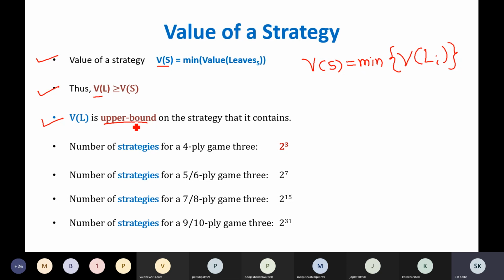So if you take any leaf, the value of that leaf node will define an upper bound on the strategy to which it belongs. That means the value of that strategy will always be lesser.